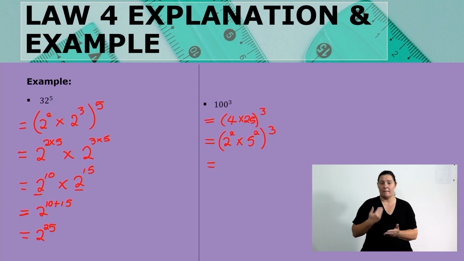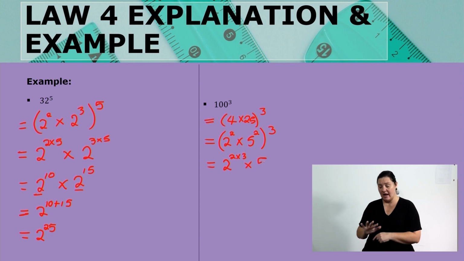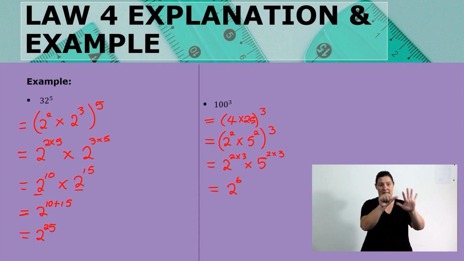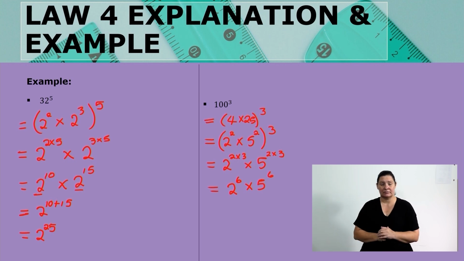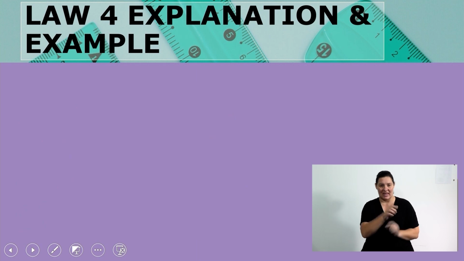So if we apply law number 4 here, we are going to say that is 2 to the exponent 2 times 3 multiplied by 5 to the exponent 2 times 3. And that will give us 2 to the exponent 6 multiplied by 5 to the exponent 6. And that is our answer for that example.